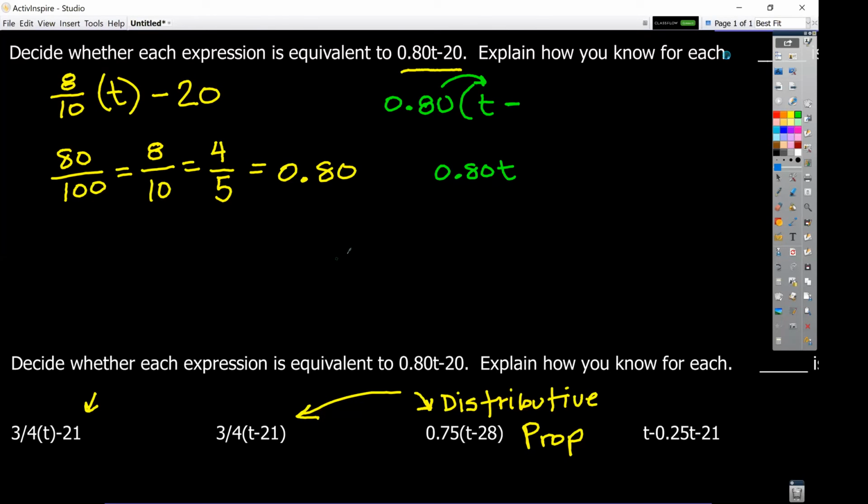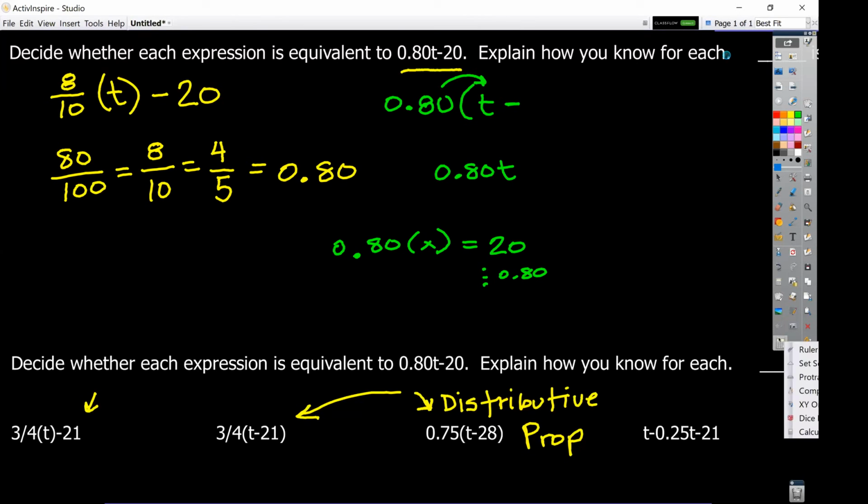So just a quick aside here. We could do 80% of a number that we don't know equals 20. Well, that's a one-step equation. We can solve it by dividing 20 by 0.80.